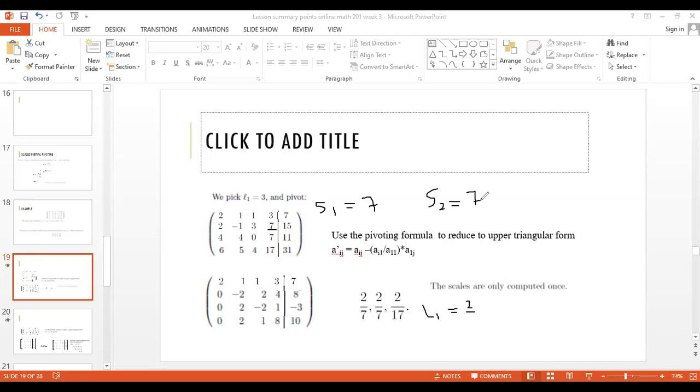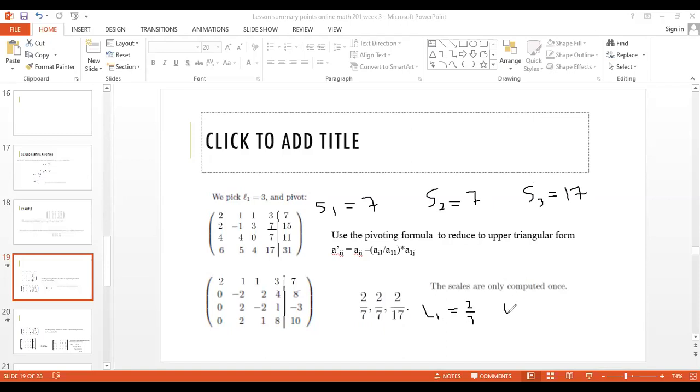And then the original S3. The scales, like I told you, are computed only once. It's your L that you calculate every time you are about to select a pivot. So that will be 2 over 7.